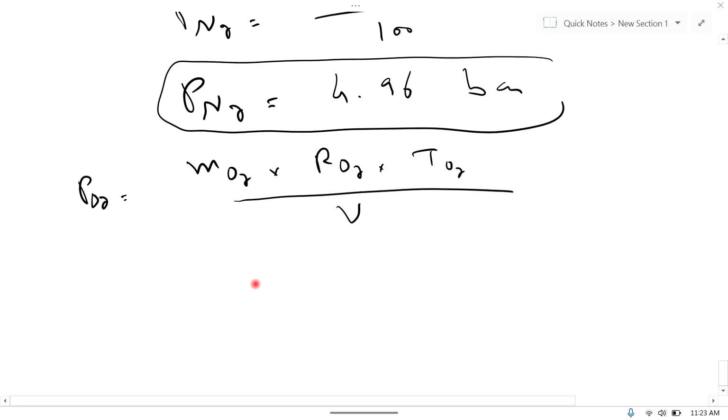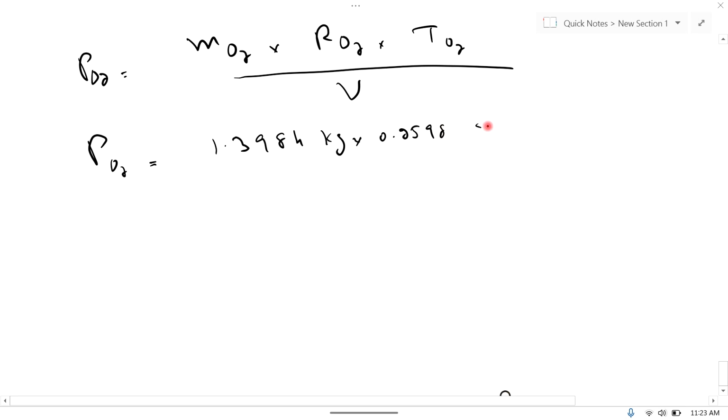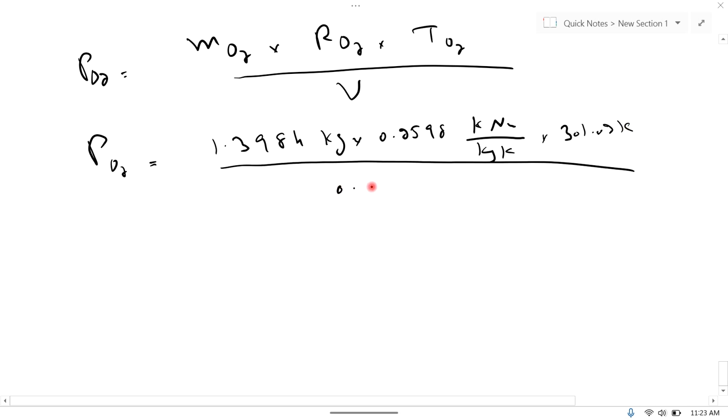The mass is 1.3984 kilogram, R of oxygen is 0.2598 kilojoule per kilogram per Kelvin. Joule is equal to Newton meter per kilogram per Kelvin, and the temperature is 301.02 Kelvin, divided by volume of 0.33 cubic meter. So the partial pressure of oxygen, simplifying this, is equal to 331 kilonewton per square meter.